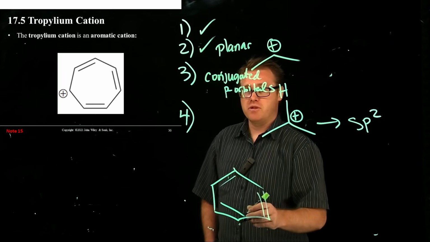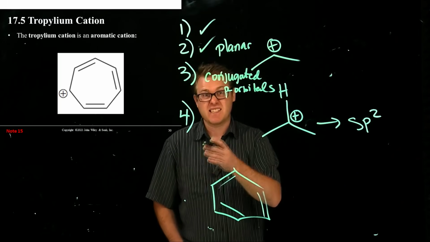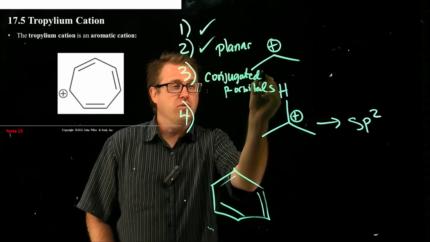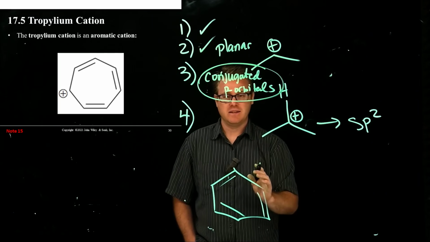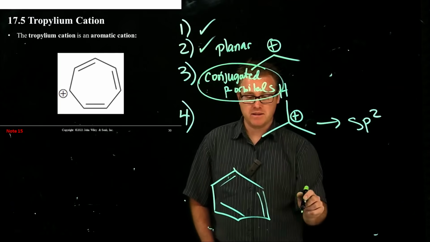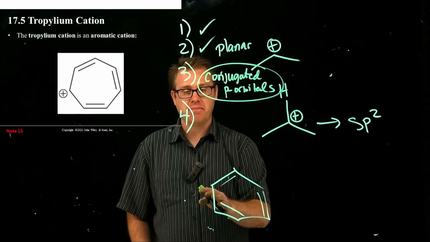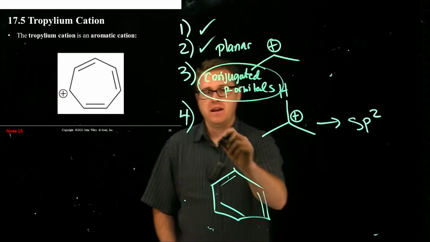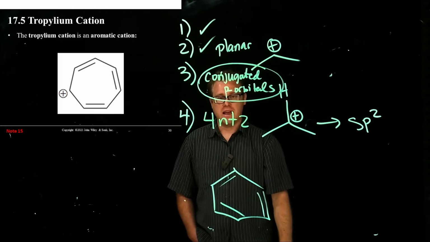But with the tropylium cation, you do have that segment where it is a single. But the real definition is p orbitals, because each one of those carbons has a p orbital. So don't let that one trip you up. And then it does, in fact, satisfy that rule.